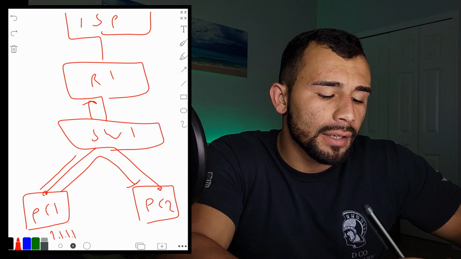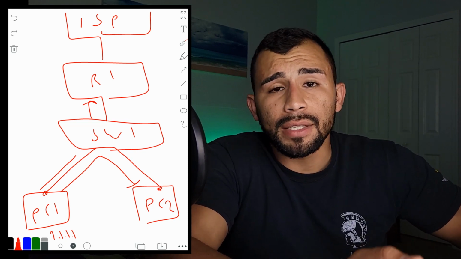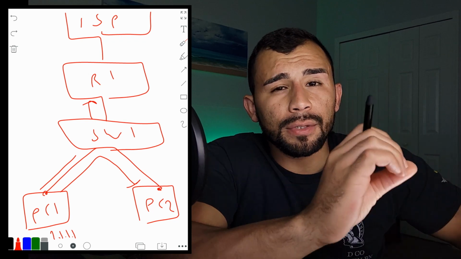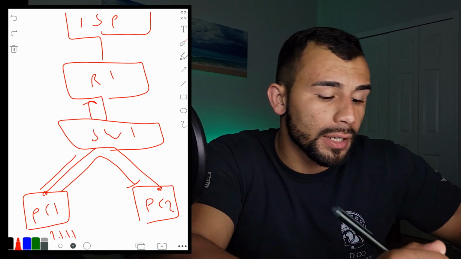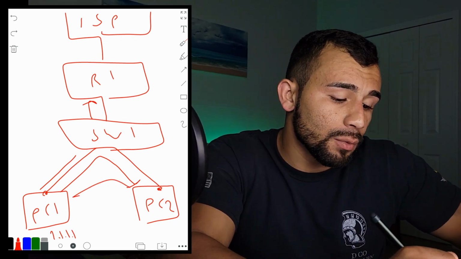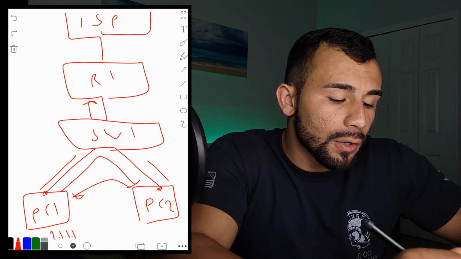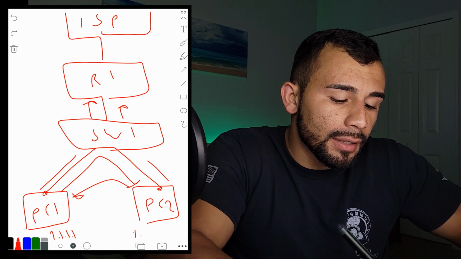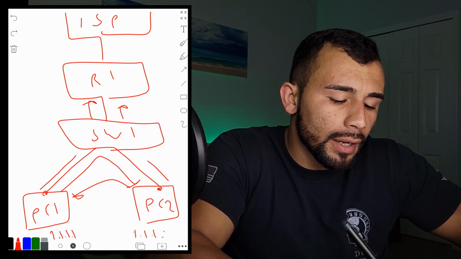So when you connect, you're going to send out an ARP message to the entire network, essentially saying, hey, my physical MAC address is tied to this IP address, and it's actually going to go to me as well. And then it's going to go up to the router, and it's going to say, hey, my IP is 1.1.1.2.